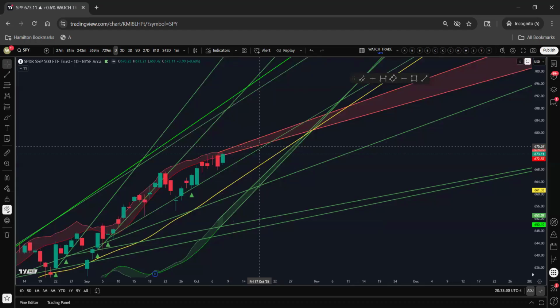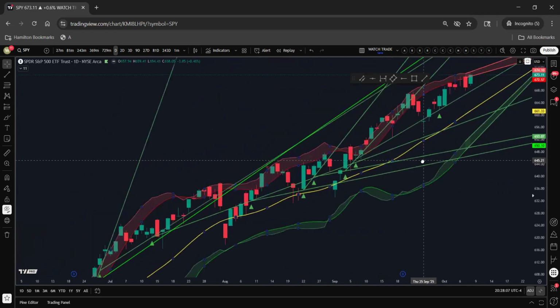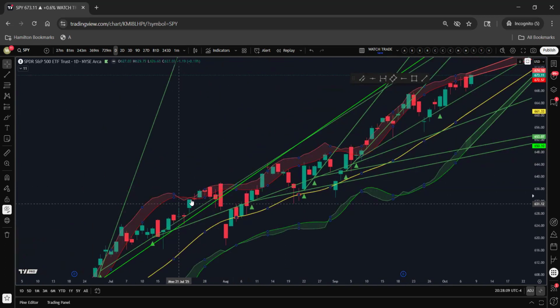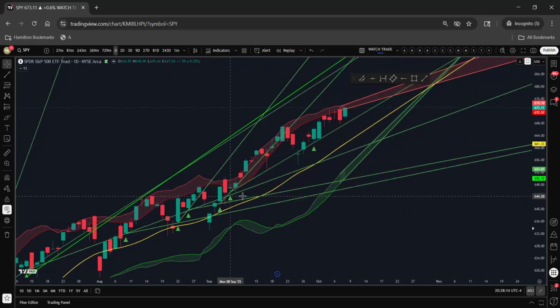They haven't crossed. When they cross over, such as this example, let me find a bearish one right here, that's when you need to consider hedging, but they haven't done that.